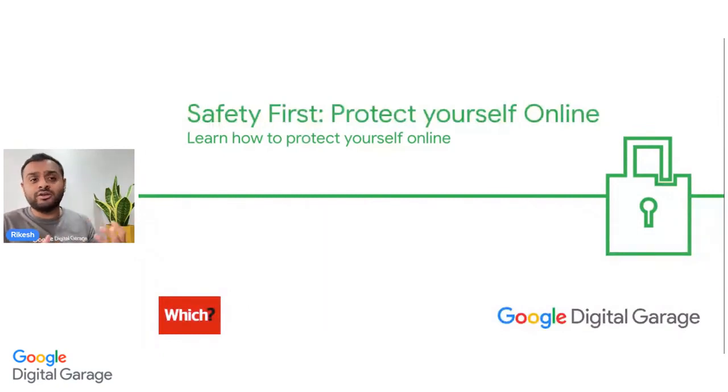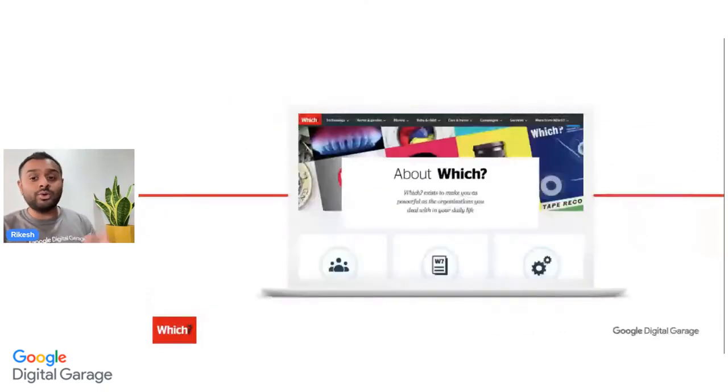But now, before we go into what we're going to be covering in this webinar session on Safety First, Protect Yourself Online in partnership with Which, I just want to explain who Which are first and foremost. Which are the largest independent consumer organization in the UK. They have a long history of providing help, support, and advice to consumers on all issues that matter to them.